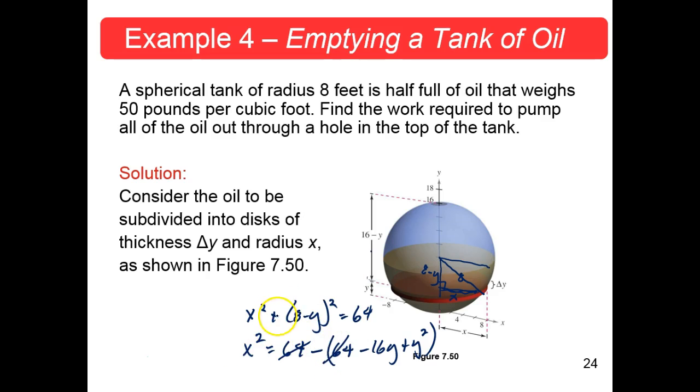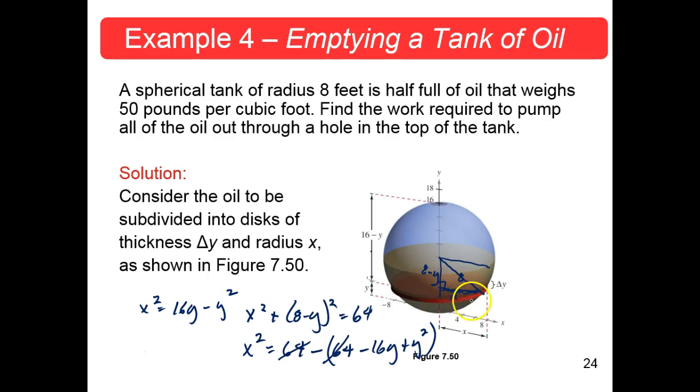The 64s are going to go out, and that leaves us x squared is equal to 16y, because of the minus and minus, minus y squared. Okay. Now, that's what x squared is. Can we get by with that?